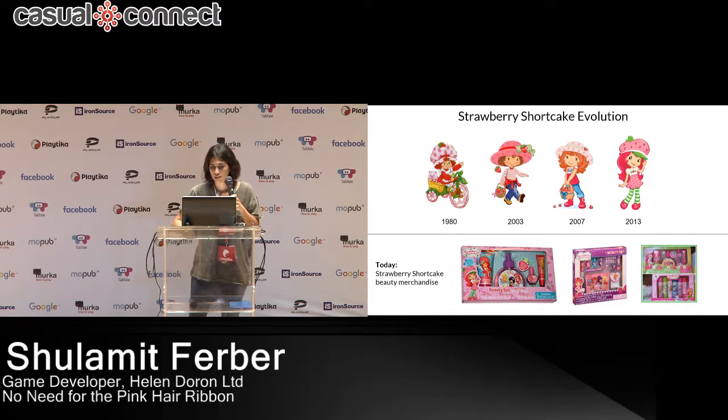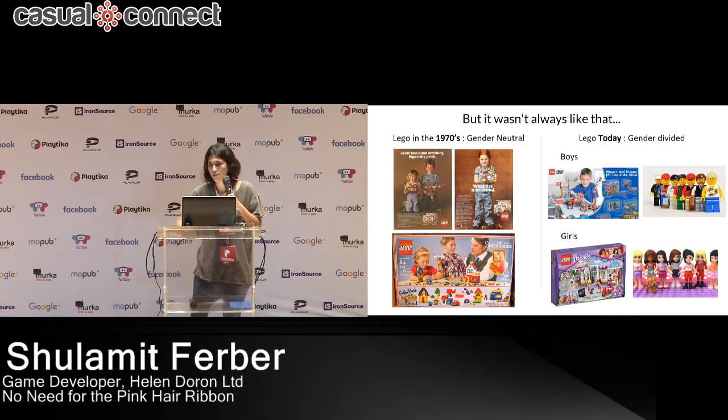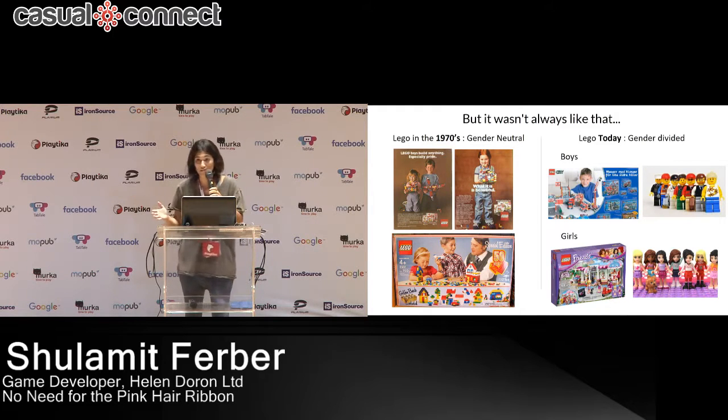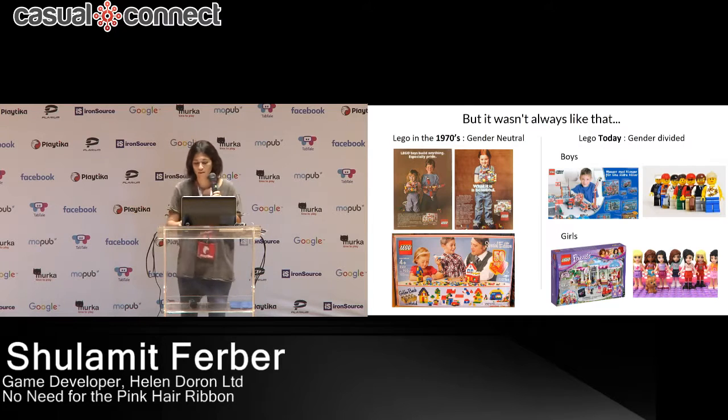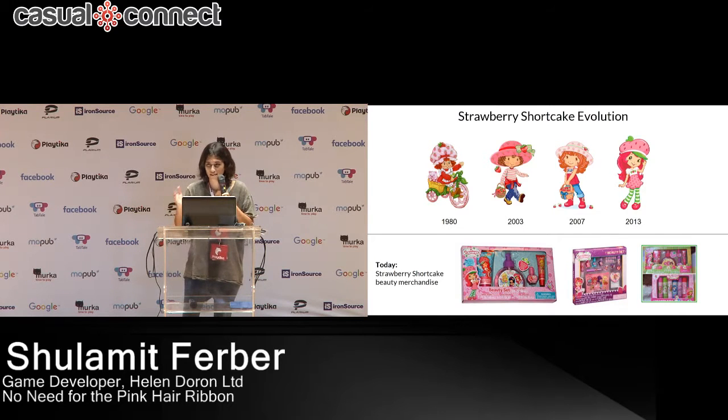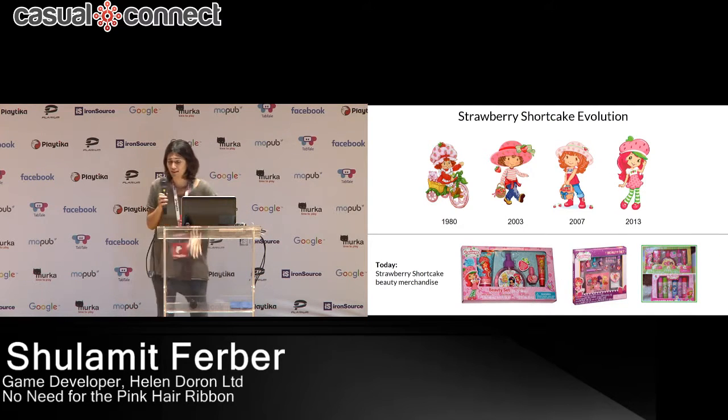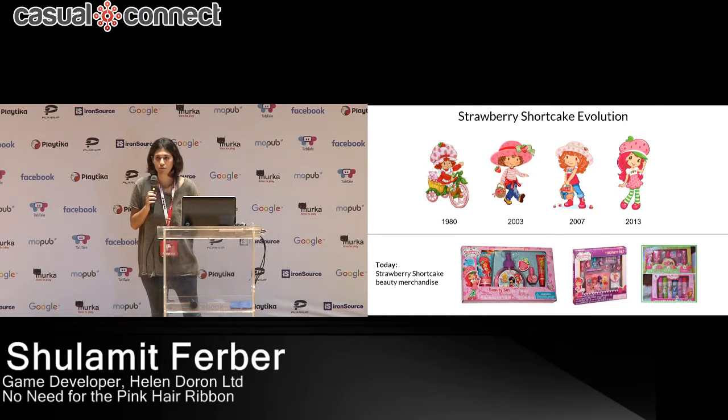Now, this process of dividing toys into boys and girls and making the girl characters more feminine is a marketing choice, because if you have 2 versions of a toy and you have a boy and a girl, then you have to buy them both versions of the toy. And making the girl characters more feminized allowed a lot of brands to connect to the whole princess makeup, princess parties.